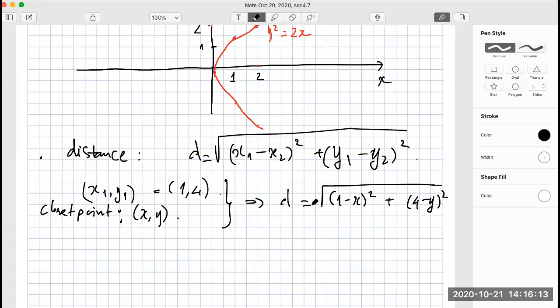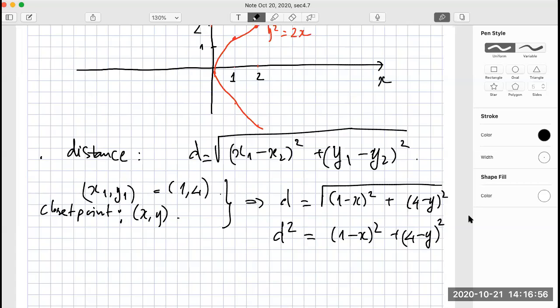Then the radical sign will get involved. It is complicated, okay? We do a similar way. Let us consider d squared, then it will be (1 minus x) squared plus (4 minus y) squared, right? If we do it this way, then we minimize d squared. The smallest d squared will also lead to the closest d, okay? But our computation will be easier.